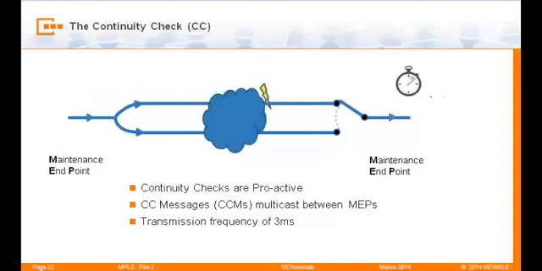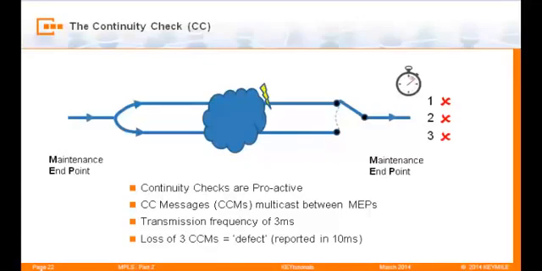If 3 or more expected incoming CCMs go missing, it can be assumed that there's some sort of line failure, and the situation can be reported within 10 milliseconds. The message is then processed, and an instruction can be sent to the switch selector to switch to a protecting path in a guaranteed switchover time of less than 50 milliseconds.